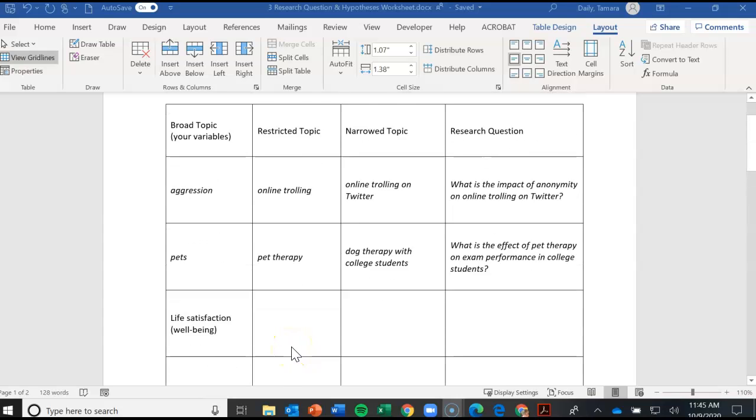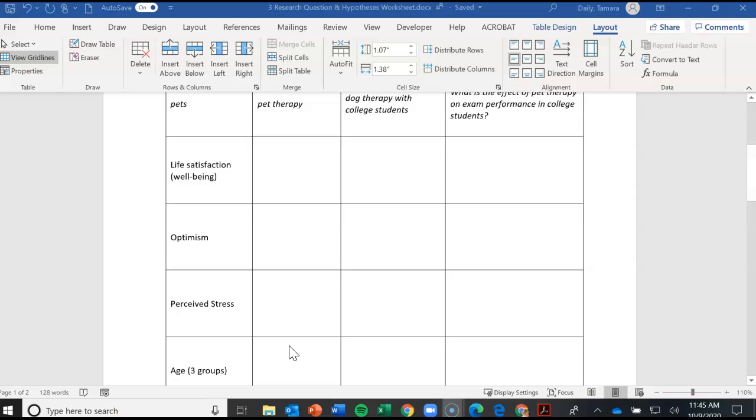Now I need to do some restriction on these topics, and with this worksheet, I developed it as a grid, and I played with a bunch of designs, so this isn't perfect. Just use it for what it is. It's a way of getting you thinking about how to use variables and put them into questions.